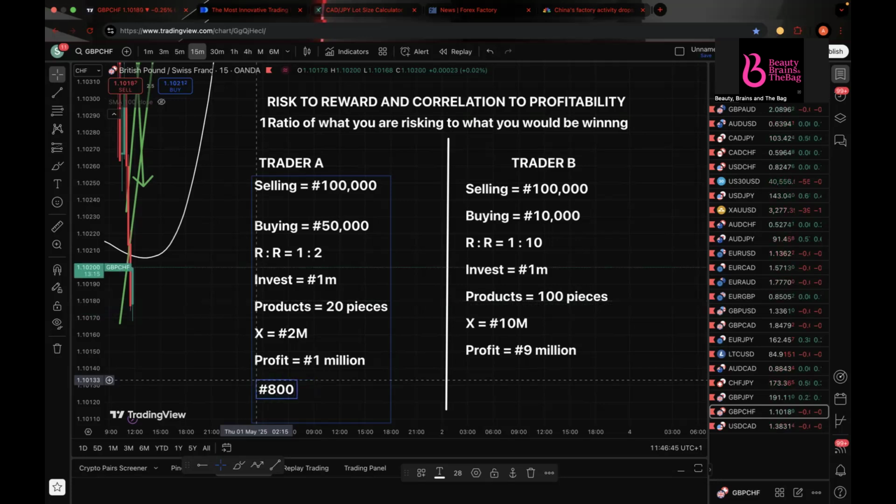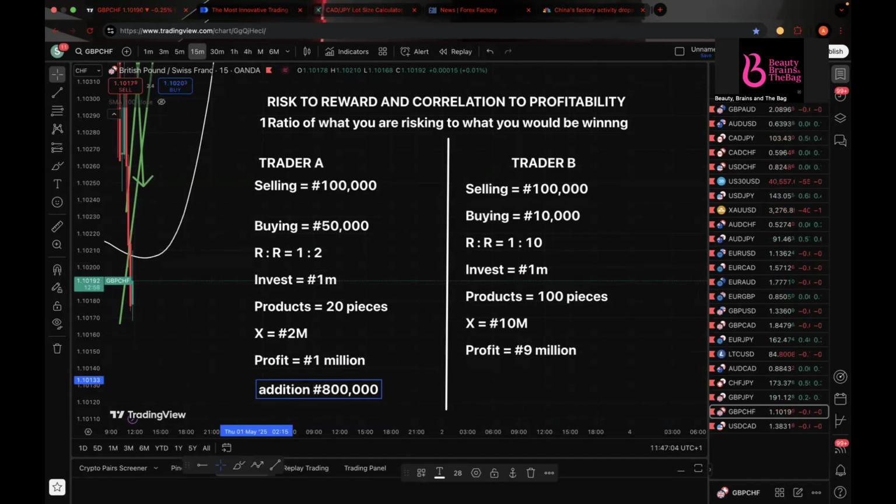Let's say the cost of logistics, transportation, dispatch, all of those things. This person will be left with an additional expense, and a net profit of just 200,000 naira.